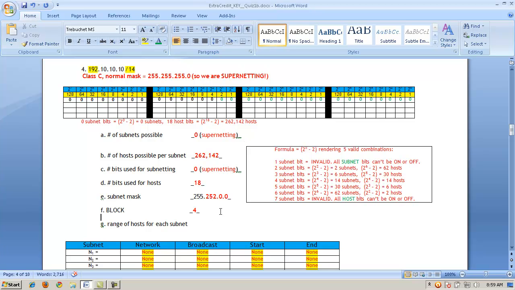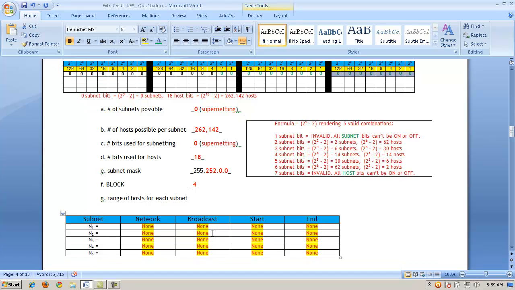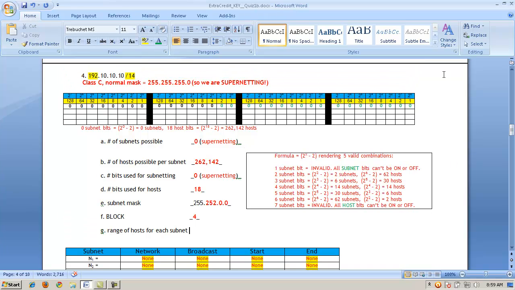You could also subtract that from 256. But then the remaining 2 octets, these remaining 16 bits, are 0 because they're all part of the hosts. Actually the range is pretty easy here, because we don't really have any subnets. We're supernetting. But if you were to look at that, what would be the first valid, in this case 192, and again we did that before, but we're just going to worry about what we've got going on in this table here.